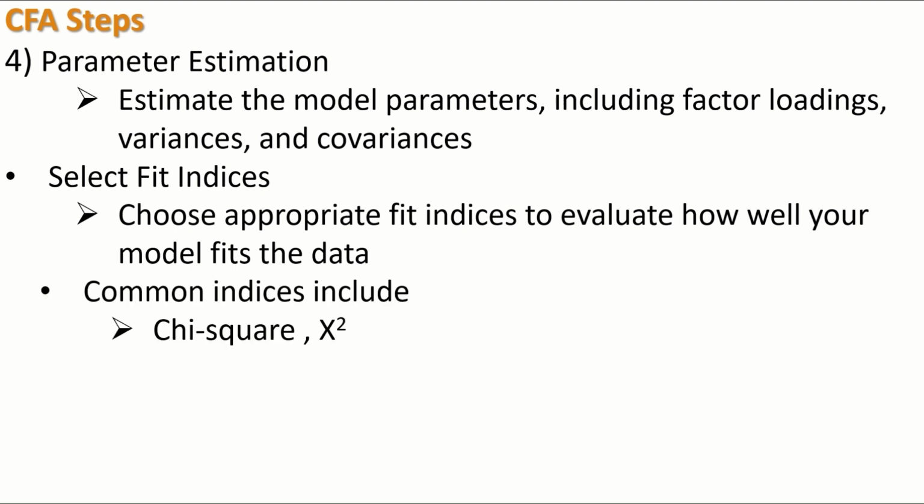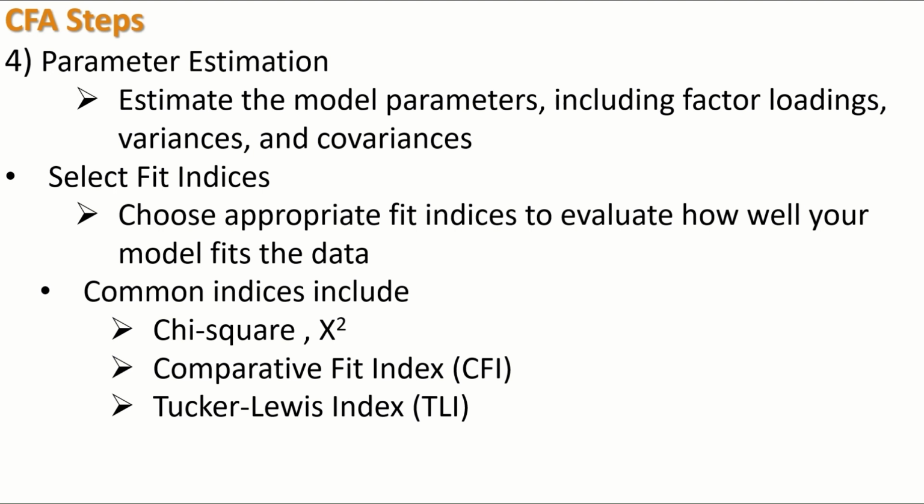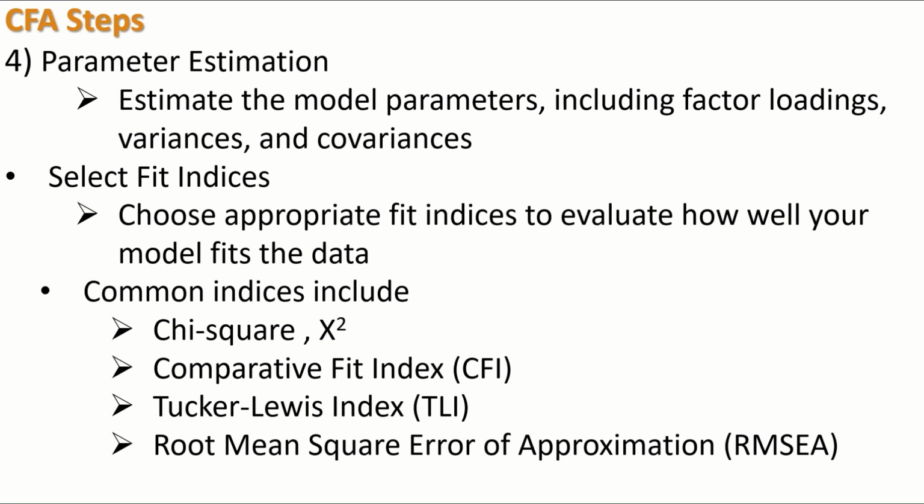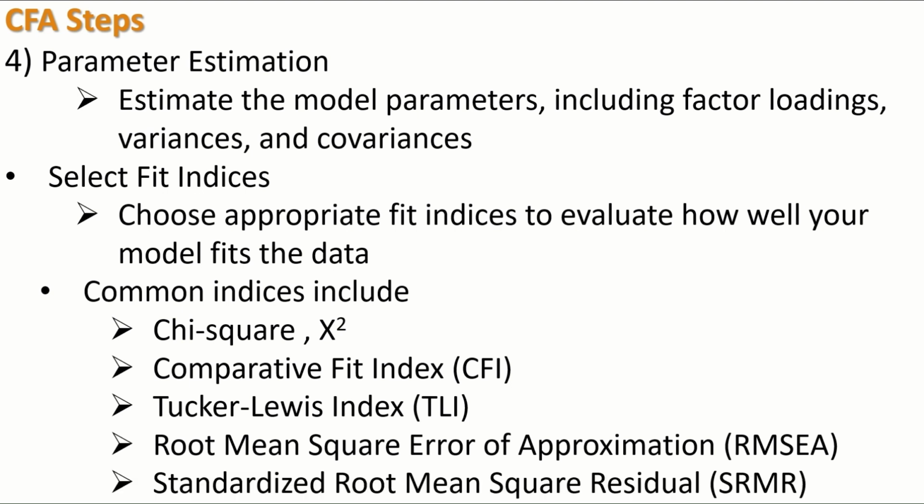Commonly used indices are the chi-square, the Comparative Fit Index, abbreviated as CFI, the Tucker-Lewis Index, the Root Mean Square Error of Approximation, which is RMSEA, and the Standardized Root Mean Square Residual, SRMR.